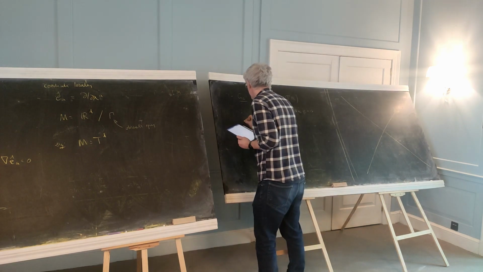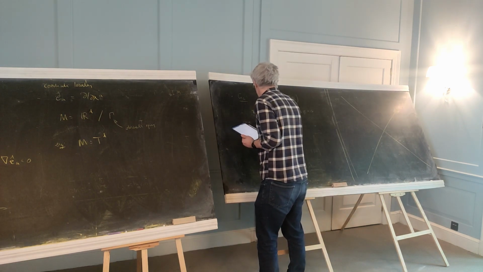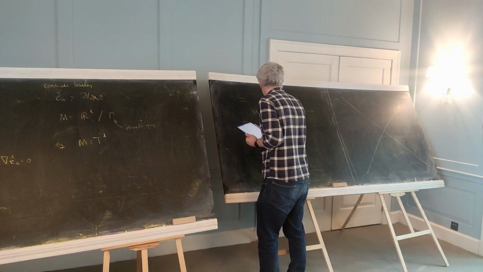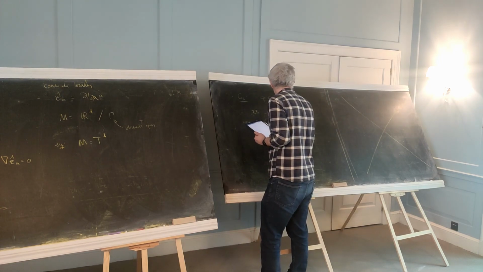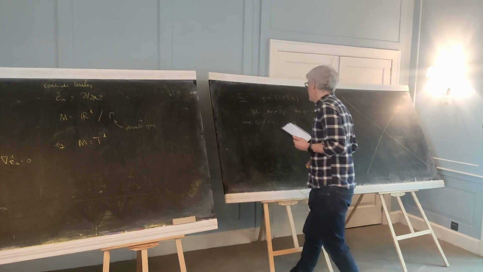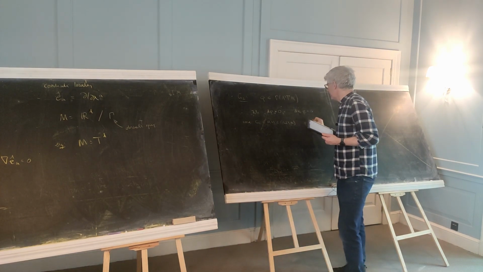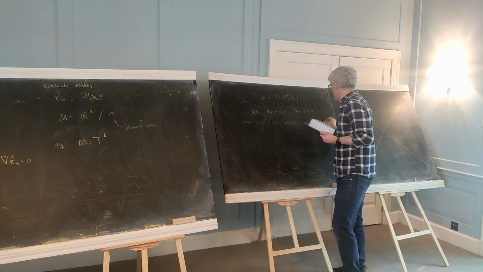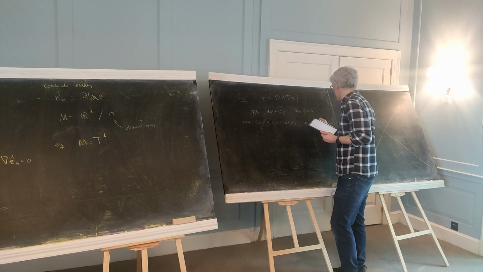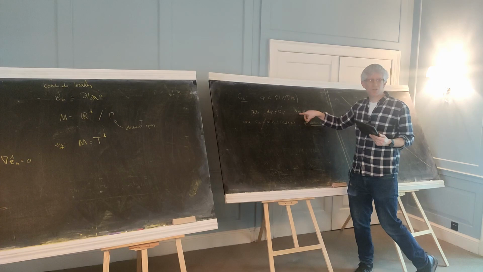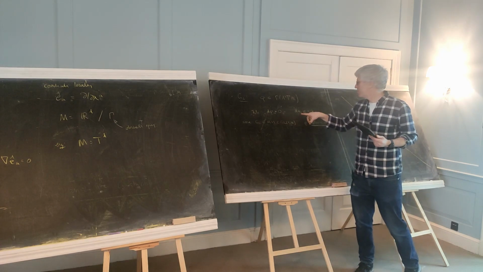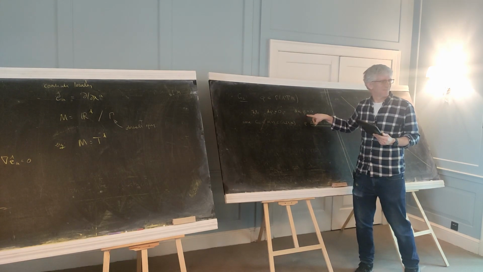However, since G2 is a subgroup of O7, which is a subgroup of GL7, phi defines a metric. And so I can use that metric to define the Hodge dual. So this was a 3-form, this thing will be a 4-form. Is that okay?